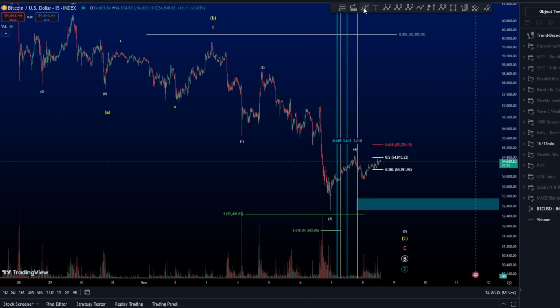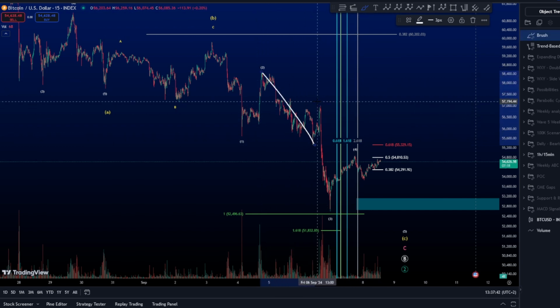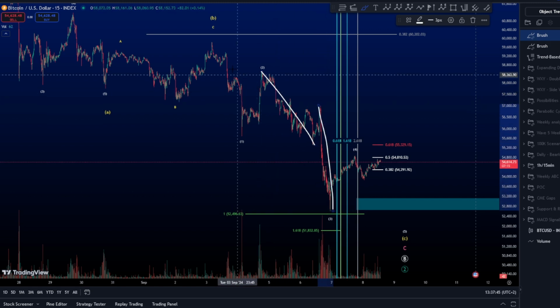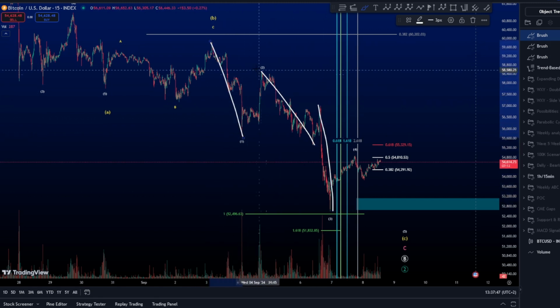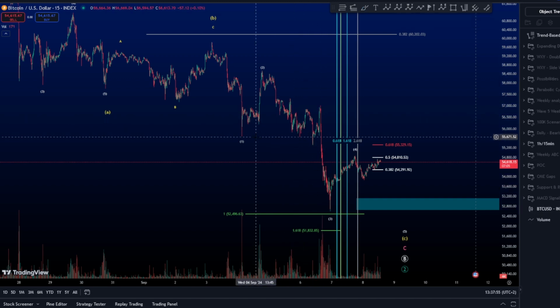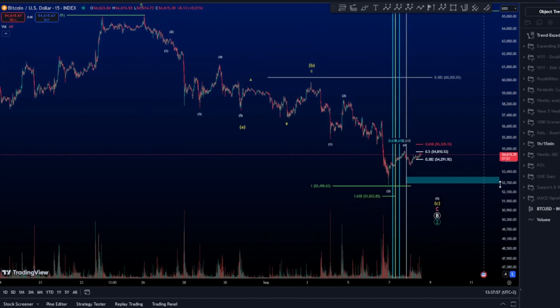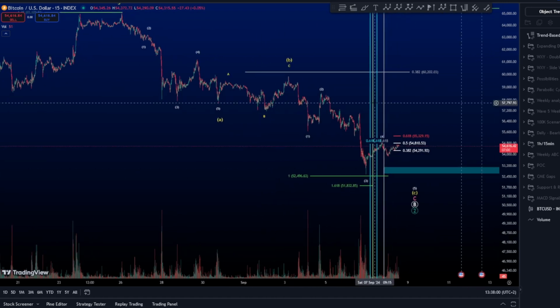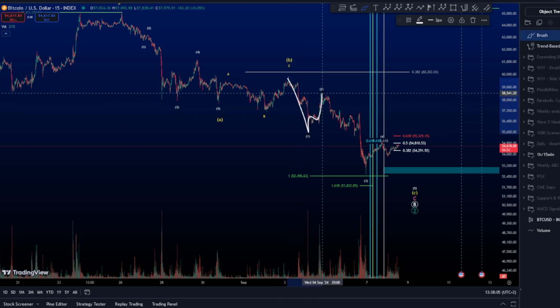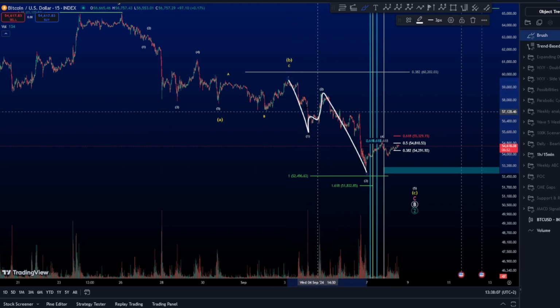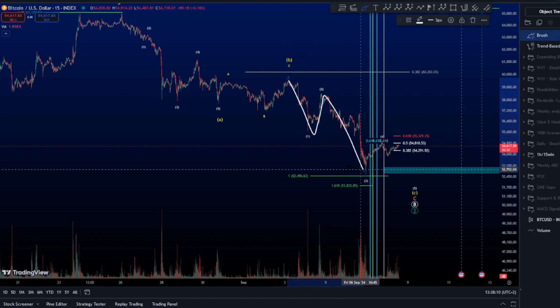We cannot consider a diagonal. So what we can say, because of this, is that wave 3 is shorter than wave 5, and definitely wave 1 is bigger than wave 3, which is also not allowed in an impulse. So therefore, I would go here to another possibility as a zigzag, where we have already here a finished impulse, ABC again, and another finished impulse, forming a zigzag.